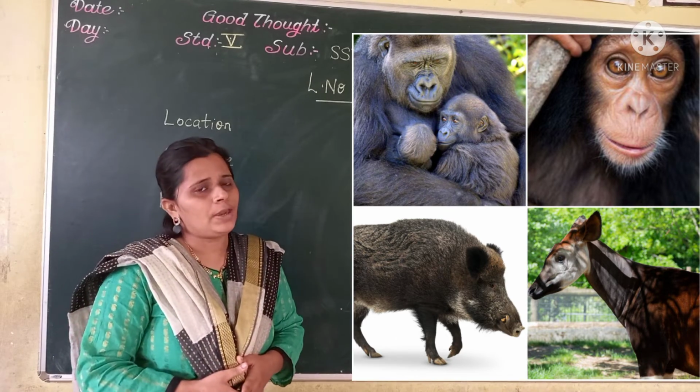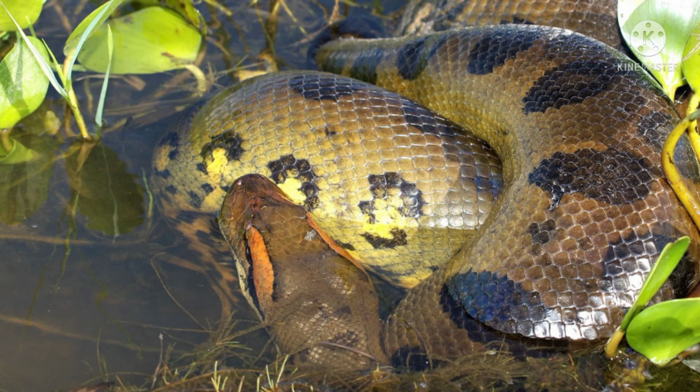Students, do you know about the famous anaconda? Yes, the anaconda snake is also an inhabitant of the Amazon basin in South America. Where is it found? In the Amazon basin of South America. And students, gorillas are found in Africa.